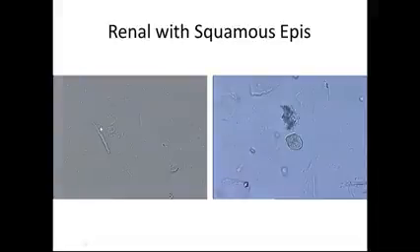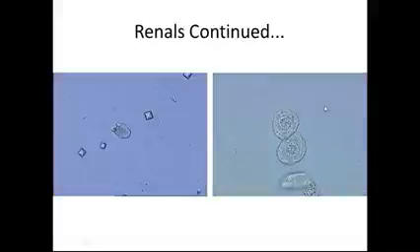And then we have squamous epithelial cells, and then some renal epis here, and some squamous. And then here are some more renal epithelial cells. And note that they are pretty regular in shape.